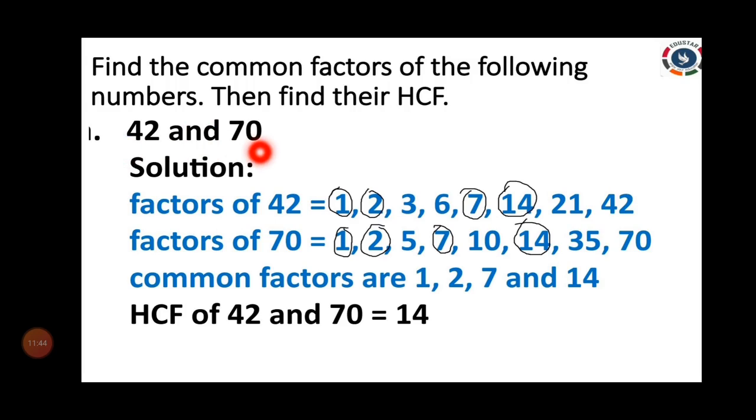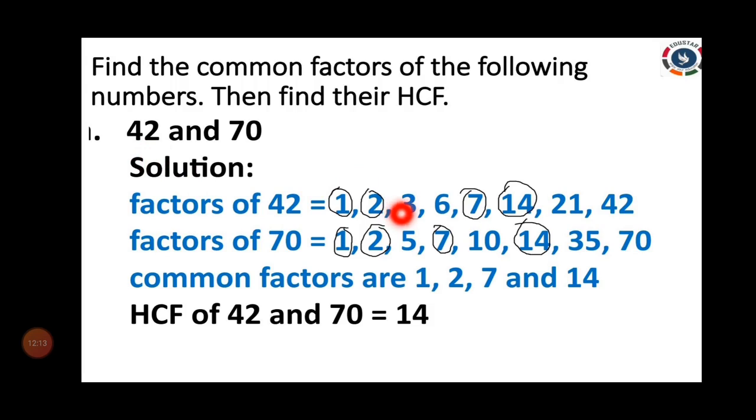42 and 70 are given. The factors of 42: 1 is common, so 1 times 42 is 42. Then 2, it is an even number, so it must be divisible by 2. So 2 21s are 42. Then for 42 you use the divisibility rule. 4 plus 2, how much? 6. So 6 means it is divisible by 3.